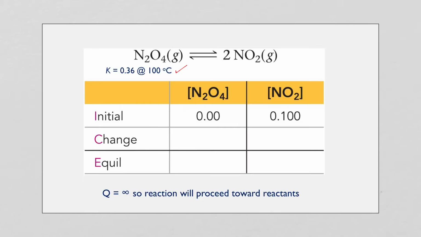In order to predict which direction it's going to go, it's pretty easy here because we know there is no reactant here, so the reaction is going to move toward reactants, right?